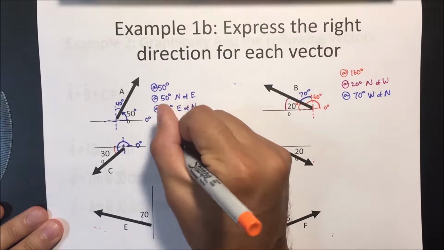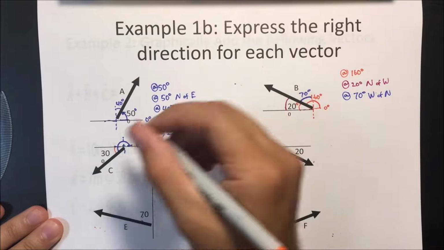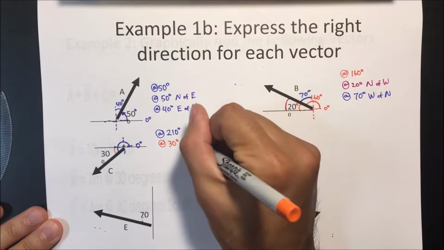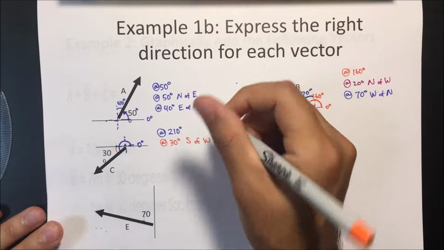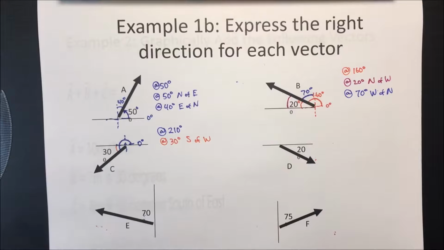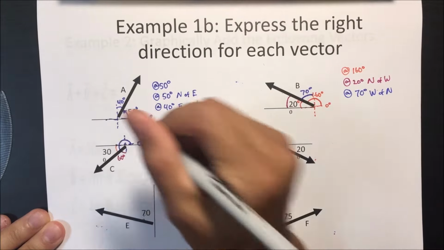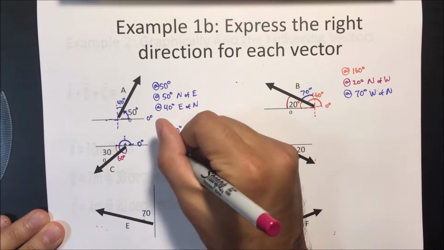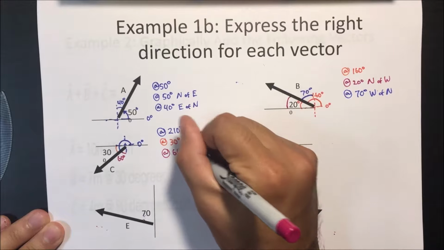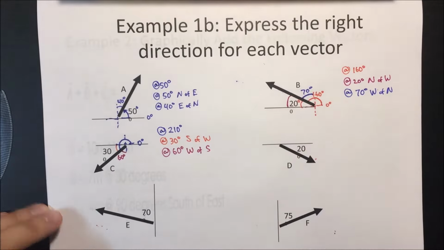So at 30 degrees, and we call that south of west. Or if we're looking at this angle right here, that's 60 degrees. We could call that at 60 degrees west of south. Okay.